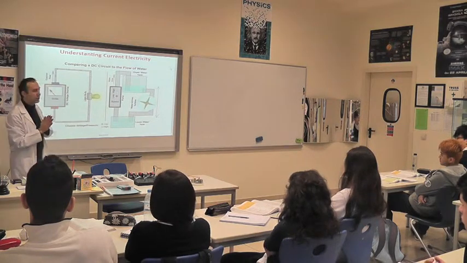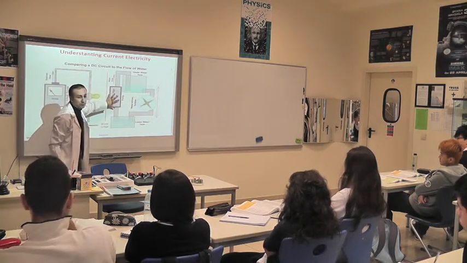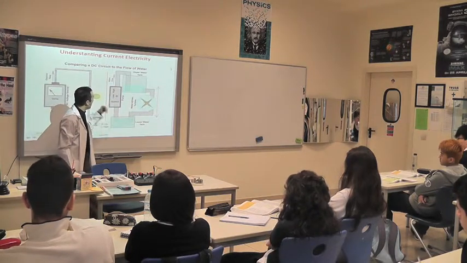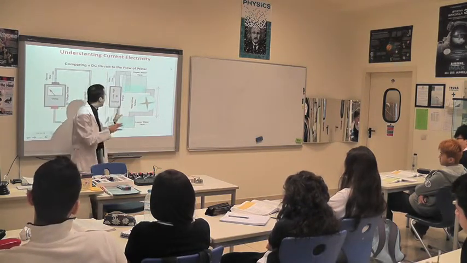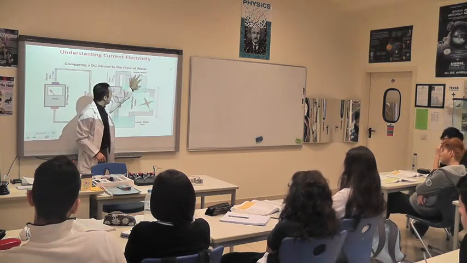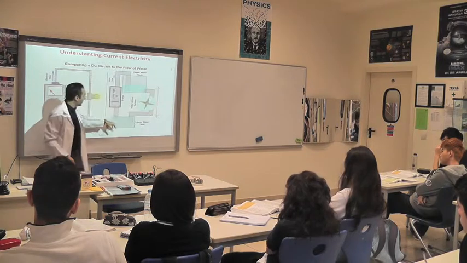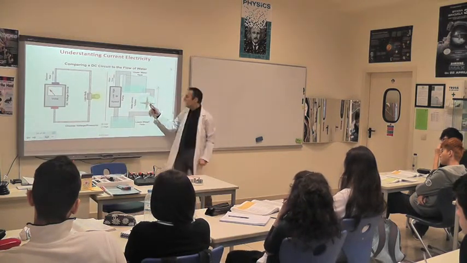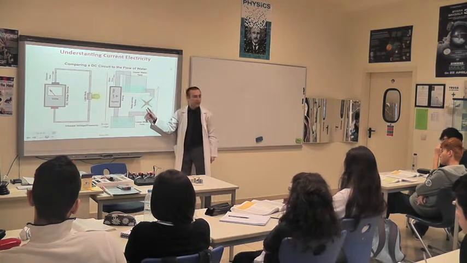Now, this really looks like a water pump, a pump pushing water by applying pressure to water, and the water moves from the upper tank to the lower tank, and the cycle continues like that. In between here, I have a turbine.